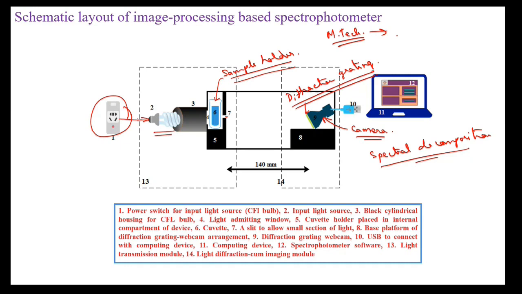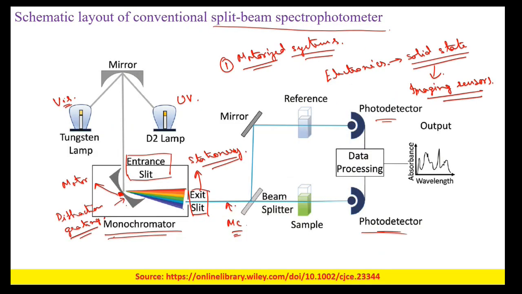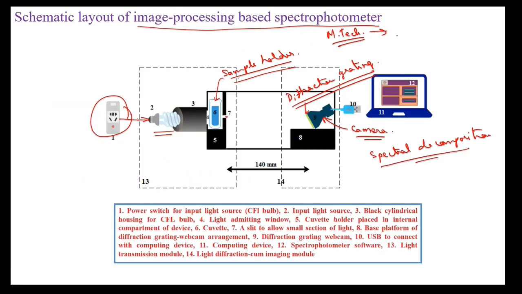Now if you look over here, in the case of image processing based spectrophotometers, there is a subtle difference from the conventional spectrophotometers. In the conventional spectrophotometers, the monochromatic beam of light was interacting with the sample. However, in the case of image processing based spectrophotometers, the light source directly illuminates the sample.